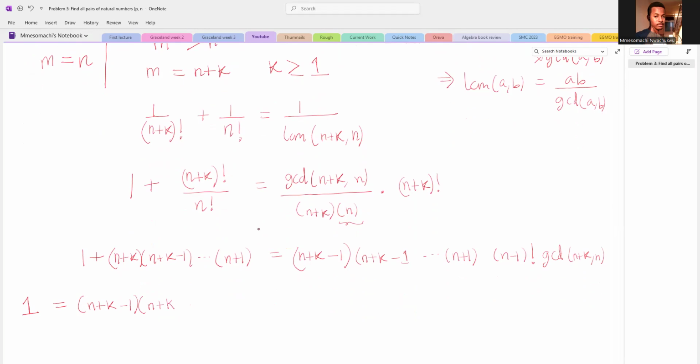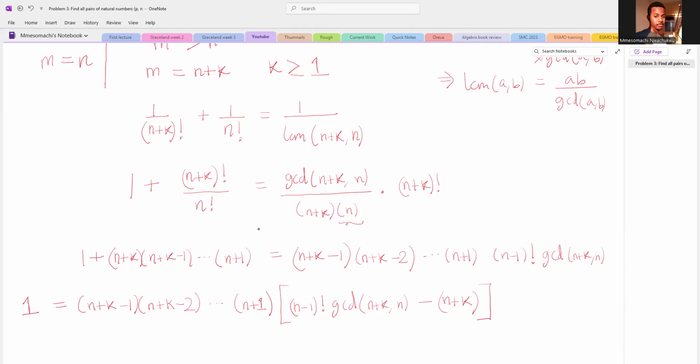Sorry, this should be minus 2. n plus k minus 2, up to n plus 1, and then n minus 1 factorial times the GCD of n plus k and n. Then minus n plus k. So we have 1 is equal to this.